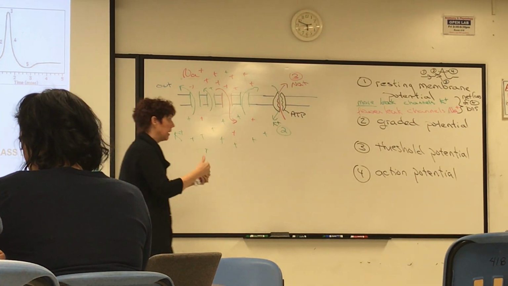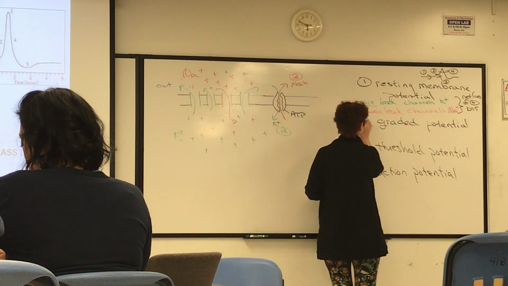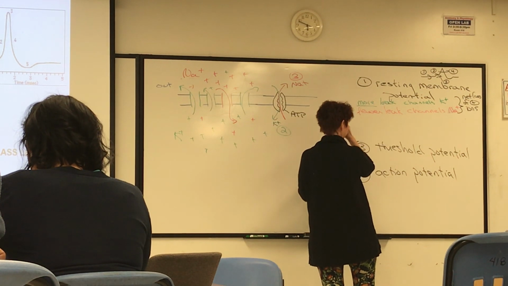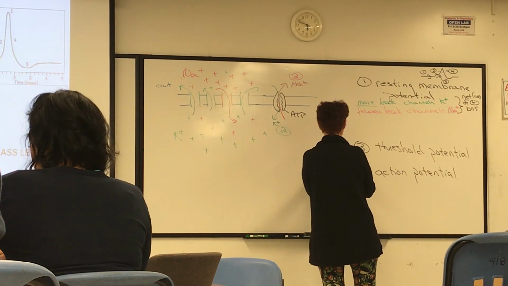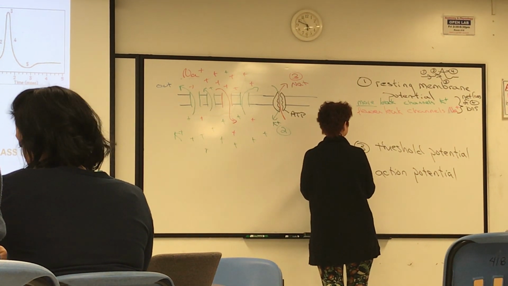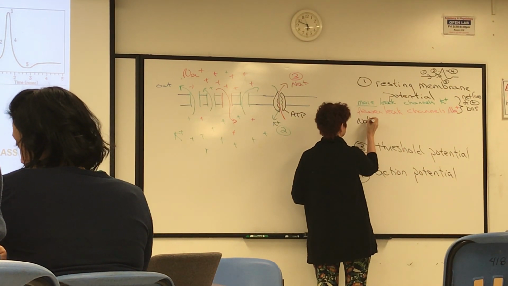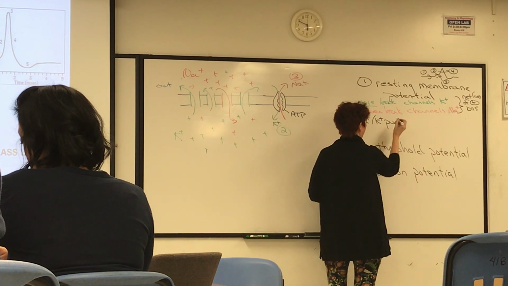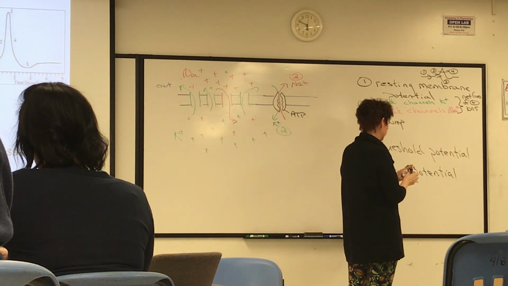So we're losing positive ions again, all right? So another reason why we have fewer positive ions inside the cell than outside the cell is our sodium-potassium pump, with a net loss of 1 positive ion.